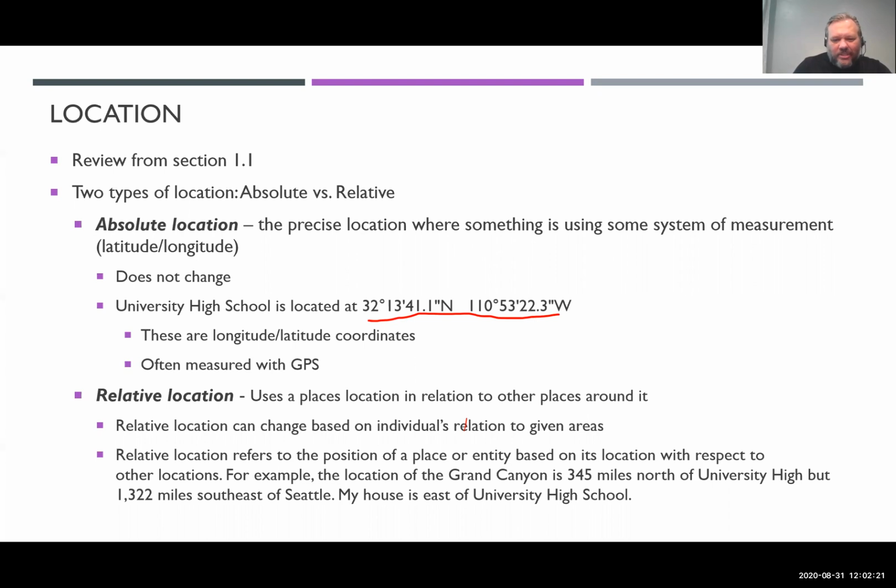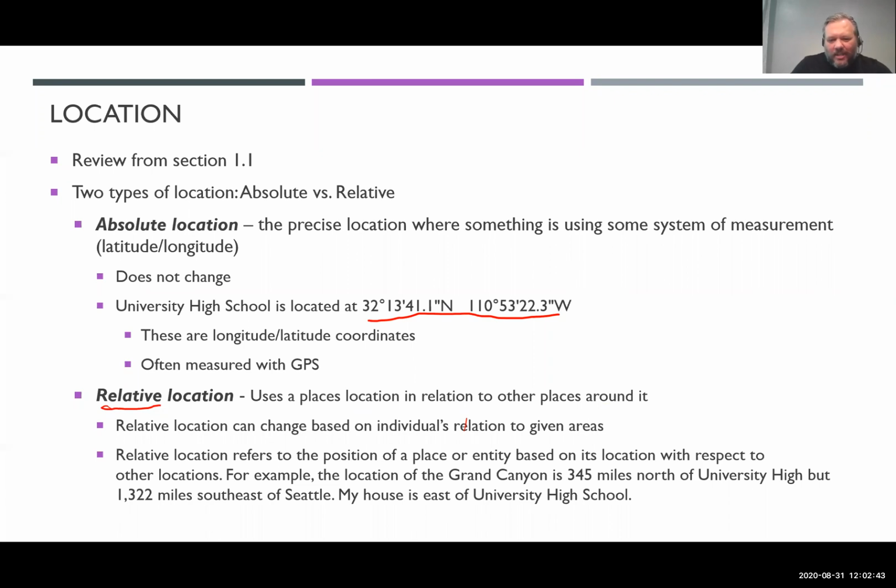Relative location: the word relative means in relation to other things. If you see relative location or relative distance, it is in terms of something else. Relative location would be, are you north of a certain place or east of a certain place? You're about 200 miles from a place.